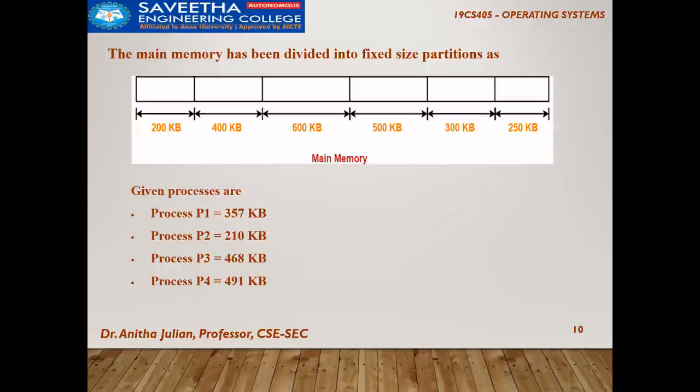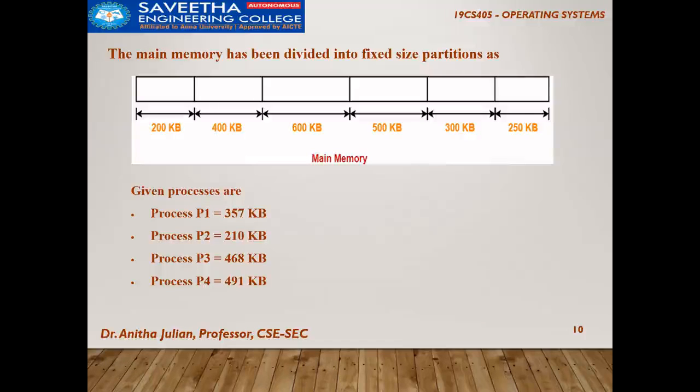See, basically what they have mentioned in the previous slide as a problem, it has been diagrammatically represented. These are the partitions that were mentioned. So 200 KB, 400, 600, 500, 300 and 250 KB. So these are the partitions available in the main memory and the given processes are P1 357, P2 210, P3 468 and P4 491 KB.